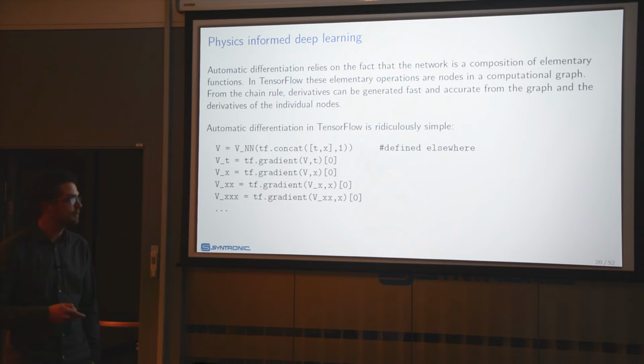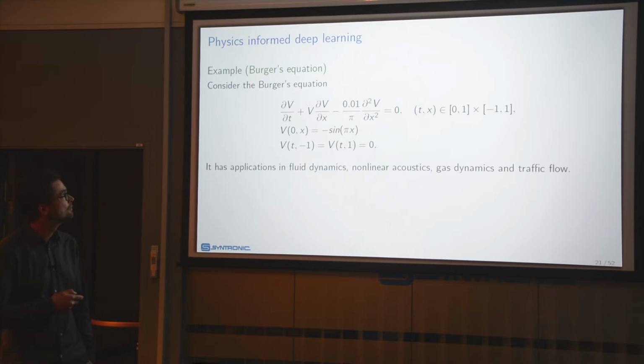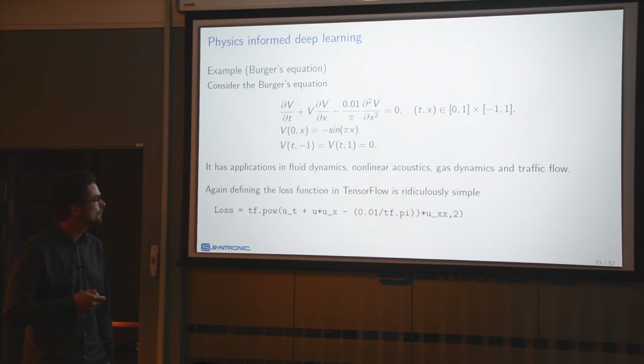So it's extremely simple. And an equation from the paper is the Burger's equation, which looks like this. There's application from fluid dynamics, nonlinear acoustics, gas dynamics, and traffic flow. And again, in TensorFlow, this is ridiculously easy.